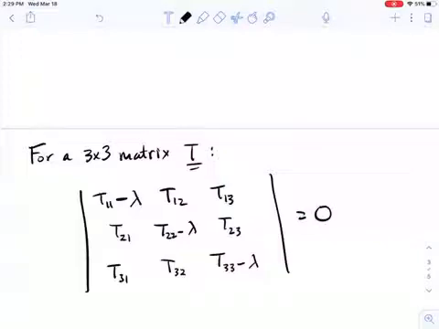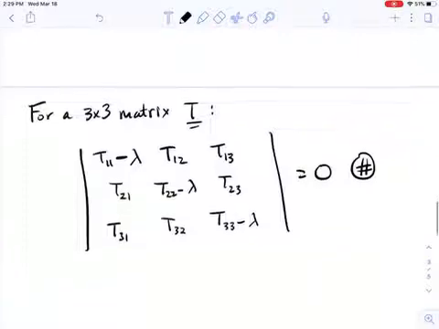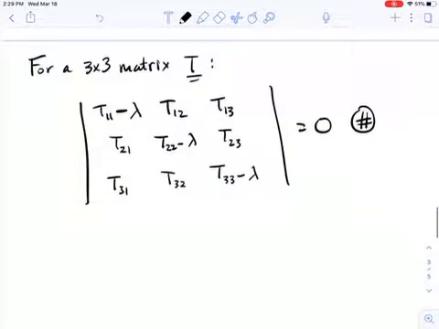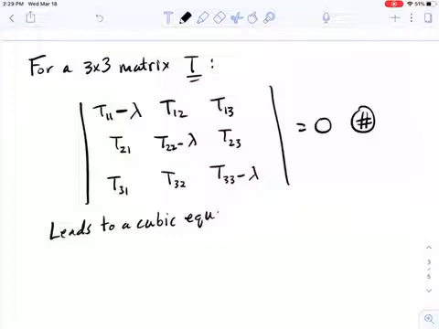And so we want that to be equal to 0 if our eigenvector equation is valid. So if you take the determinant of a 3 by 3 matrix, you're going to get a cubic equation.